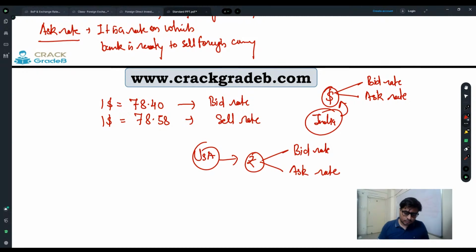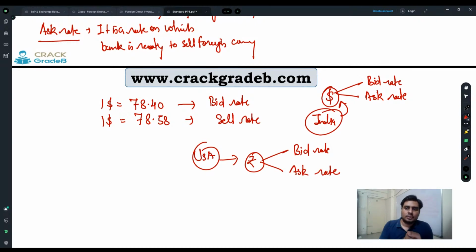Suppose you are going to purchase the dollar, right? So the question arises, why do we want to purchase the dollar? Maybe one reason is I just want to have $100 in my pocket. I love to have dollars. I have a kind of wish or will.